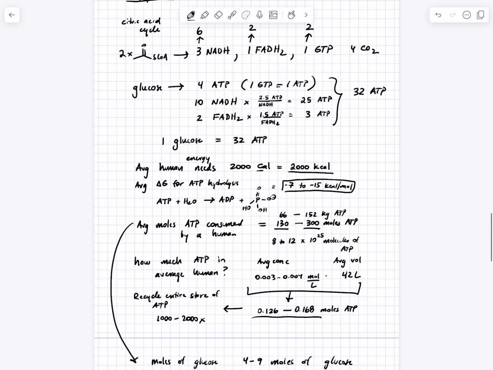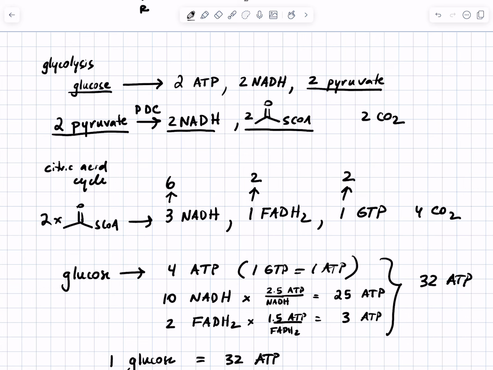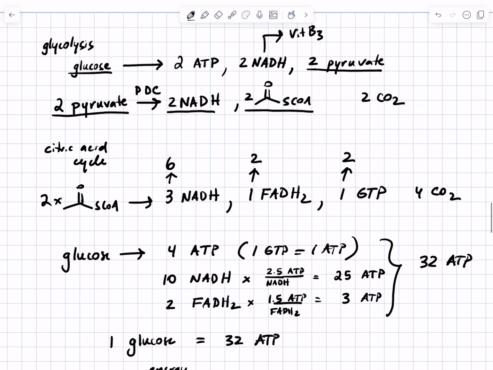Couple other things. Let's remind ourselves of the role of vitamins in this process. Remember that NAD plus and NADH involve nicotinamide, which is vitamin B3. Coenzyme A involves pantothenic acid, which is vitamin B5. And there were some others.